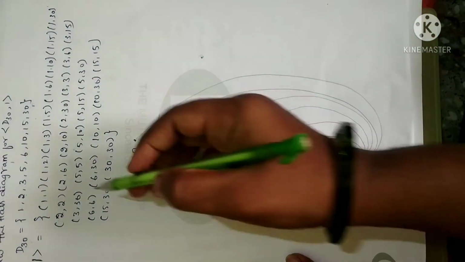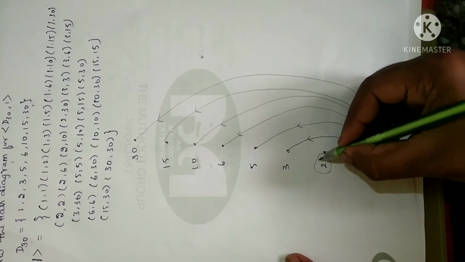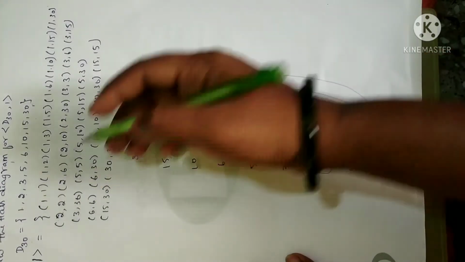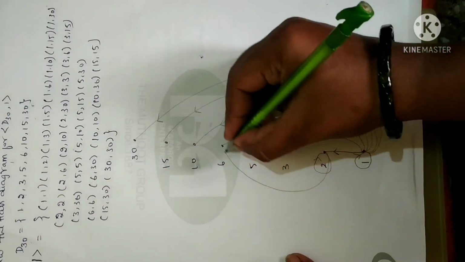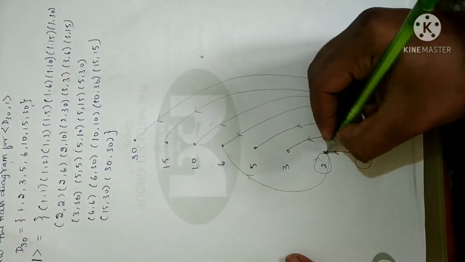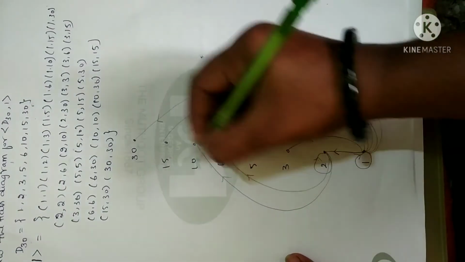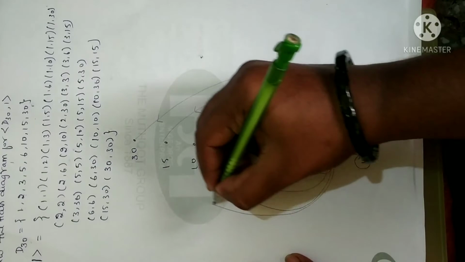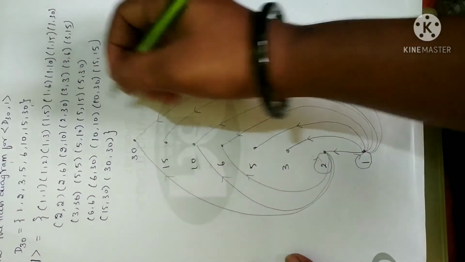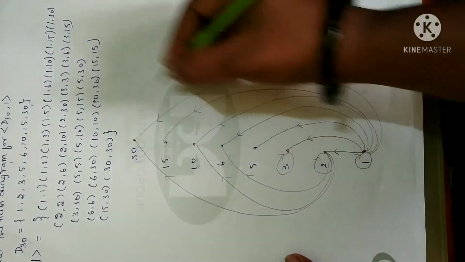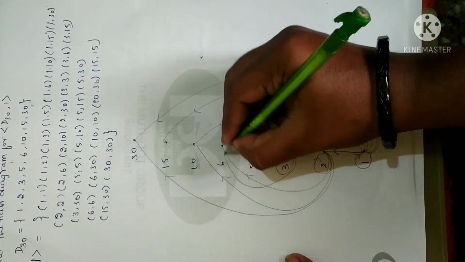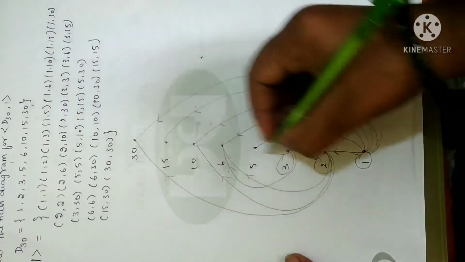Fine. Next 2 is connected to 2, self loop. Next 2 is connected to 6. Next 2 to 10. Next 2 to 30. Next 3 to 3. 3 to 6. Next 3 to 15.